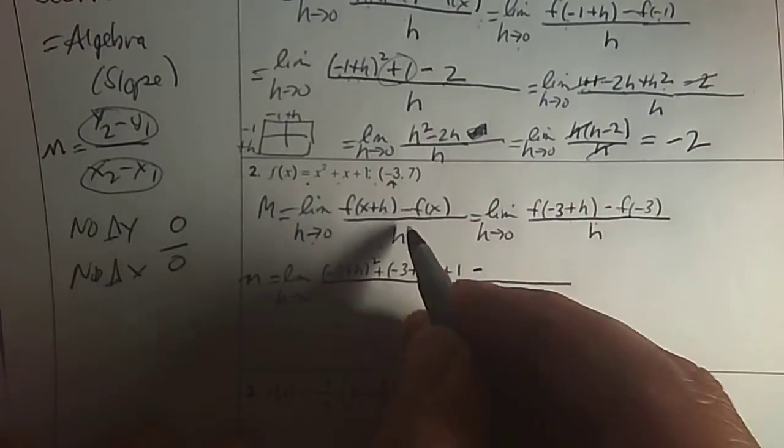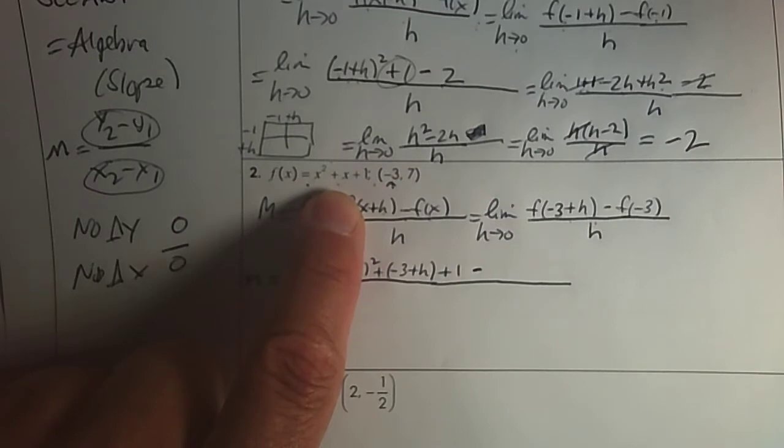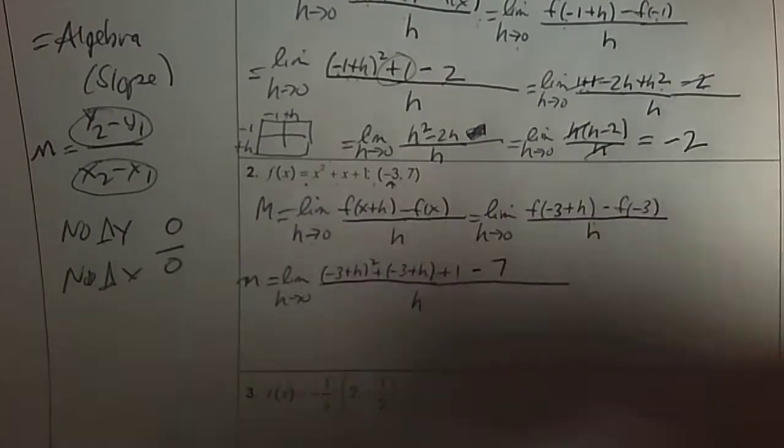Then we're going to do the same thing here. We go subtract. Now f at negative 3. So if I plug in negative 3 for x, that's 9, take away 3, that's 6, plus 1, that's 7. So I put in 7 over h.